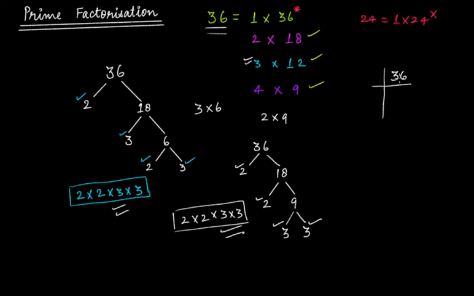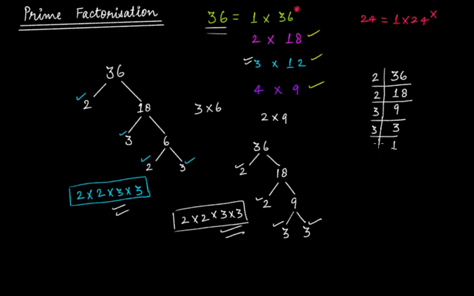Is this number divisible by 2? Yes, because it has 6 at its units place, and this will be 18. Is 18 divisible by 2? Yes, because it has 8 at its units place, so 9. Since it is 9, it cannot be divided by 2. By 3? Yes, and this is 3.